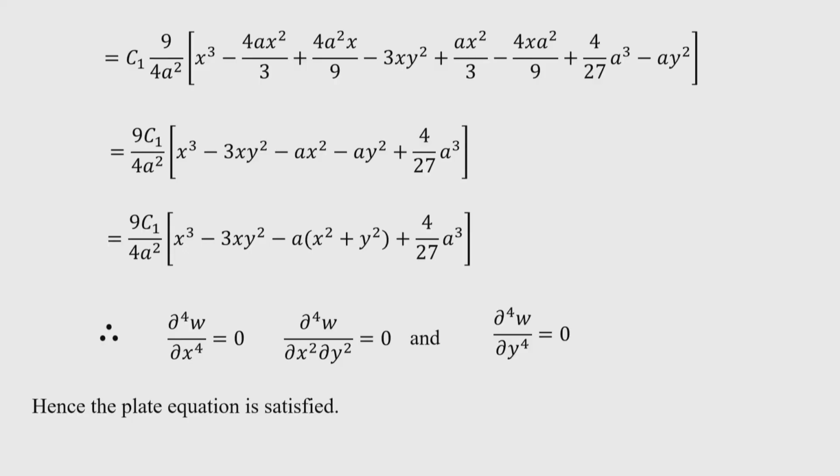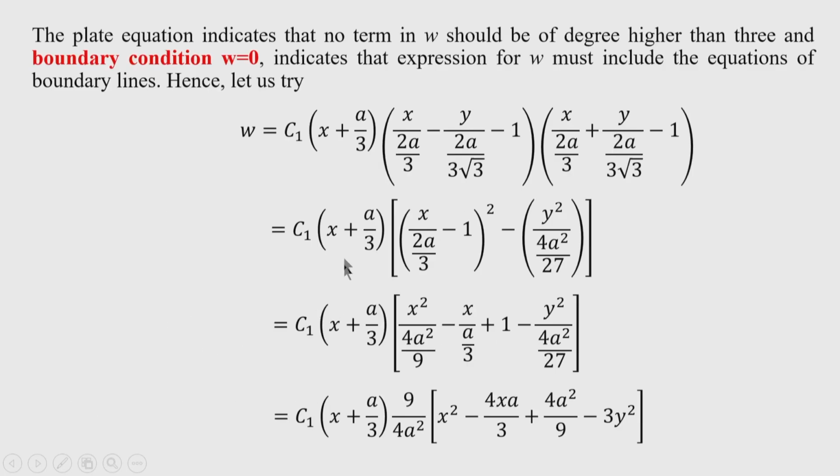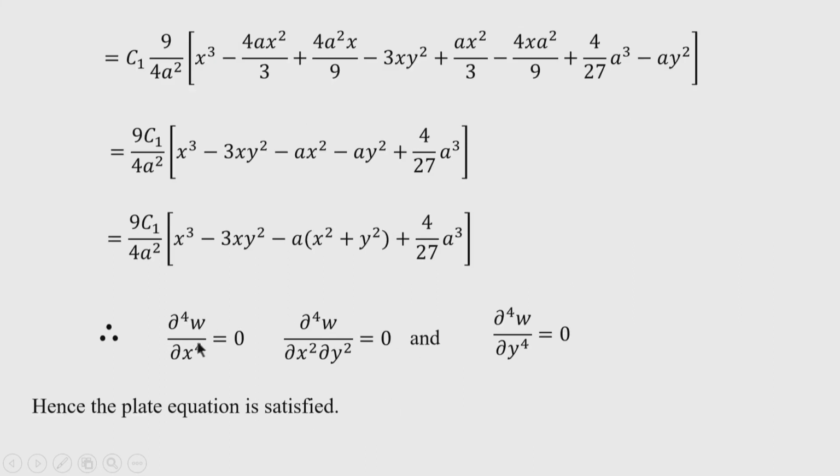So, let us see what is the next step. Okay. So, after simplification we have got this, and if you take this expression of the deflected surface and take the fourth derivative of W with respect to x, and again this, you will find these are all 0.